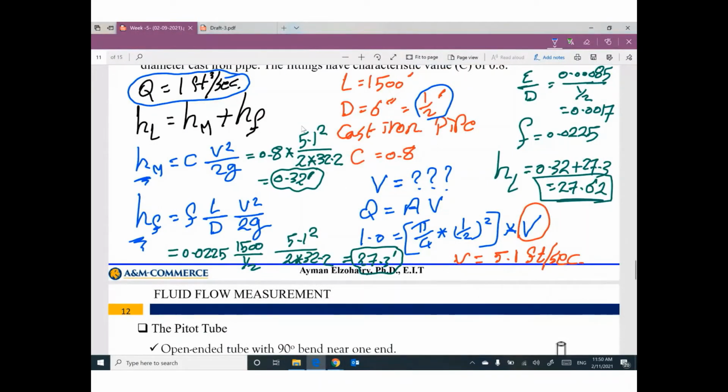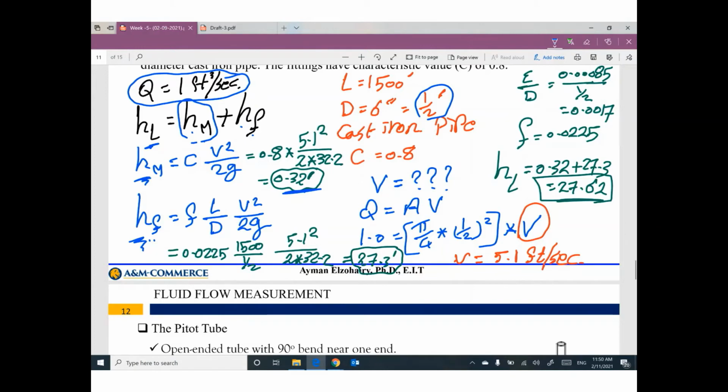I know the total losses equal H minor plus H friction. The minor losses are very, very small compared to the friction losses. This value is 0.32 feet. This one is 27.3 feet.